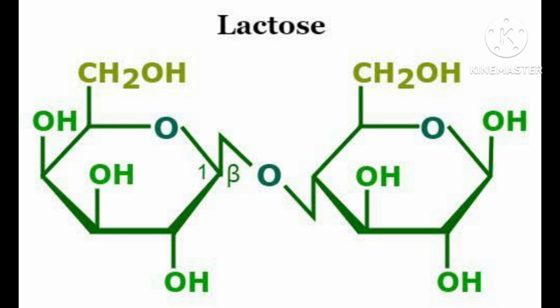Then from the first unit, the carbon 1 OH will go as OH minus, then that carbon will become positive. From the fourth carbon of the second glucose, H will go as H plus, then O will become negative.